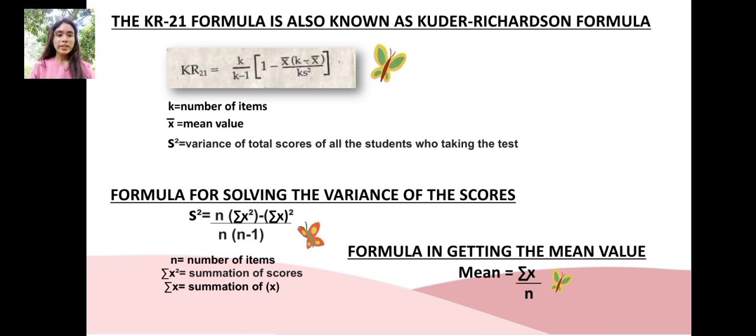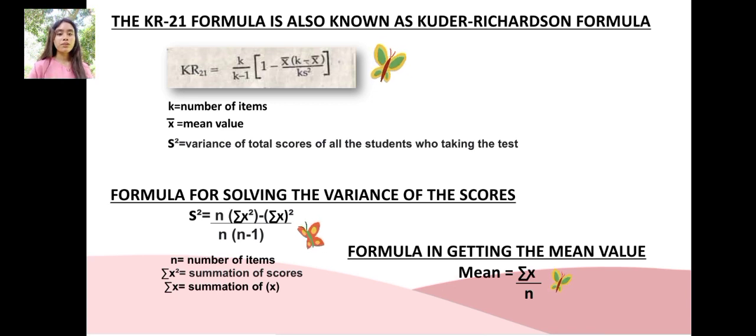Also, in solving the KR21 formula, we encountered the variance and the mean, so they also need to be computed so that we are able to compute the KR21 formula completely.